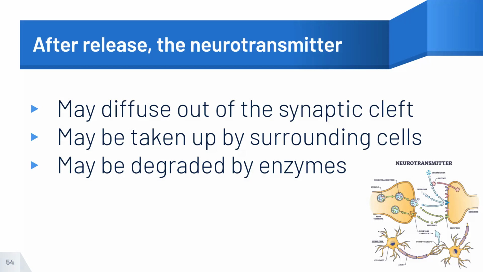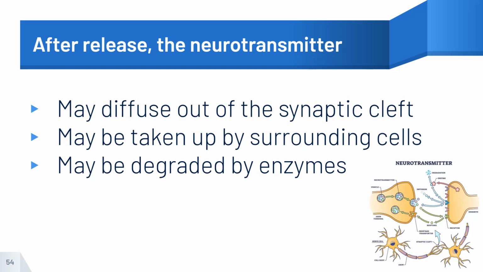Those neurotransmitters that are released, they don't stay there forever. So they need to go away so that another signal can come later. So what will happen to the neurotransmitters? One of three possibilities. They could simply diffuse away, so they drift off and leave the synaptic cleft, or they could be taken up by the surrounding cells.